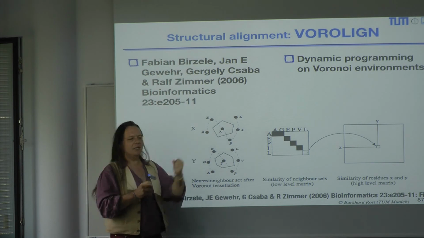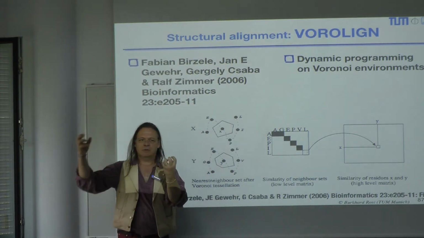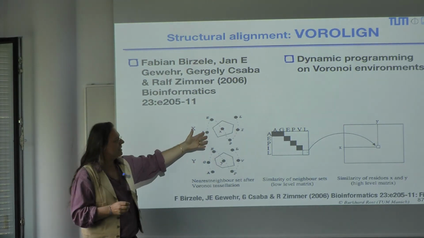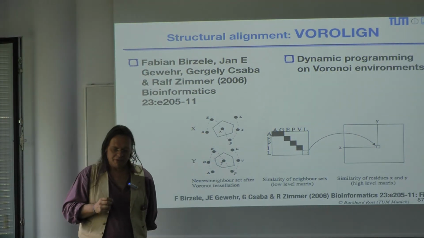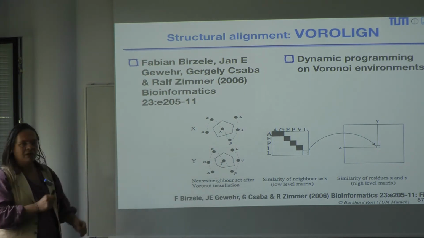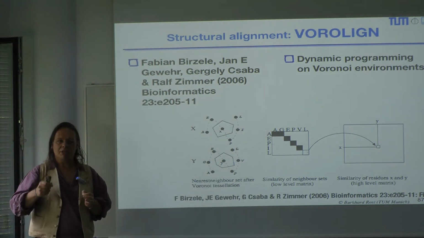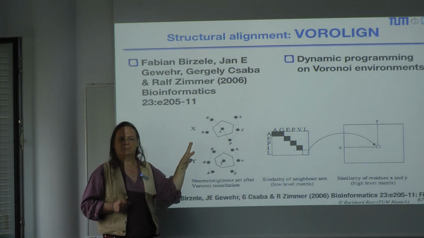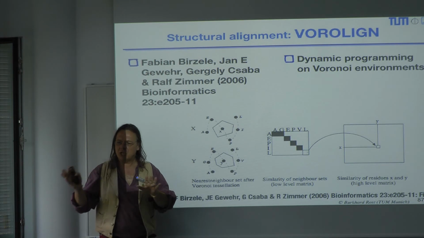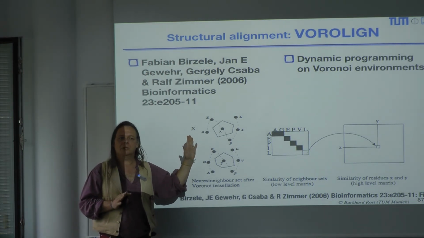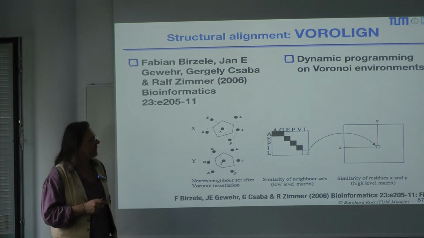But you can also think about it as a sphere cut out from a protein, and then you simply do local alignments of regions. Somehow it's in between. Now, the beauty of this is that the Voronoi environment is not defined by me. I'm not saying 5-mers. The Voronoi environment is defined by the structure. So I can change the entity of the comparison according to how the structure looks.